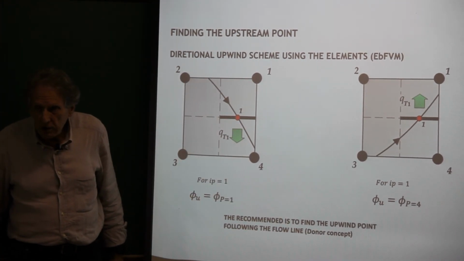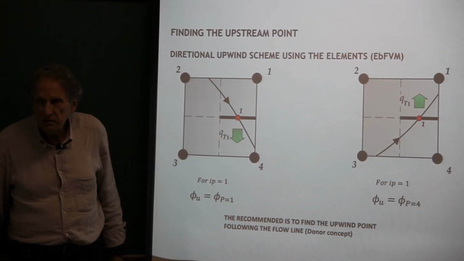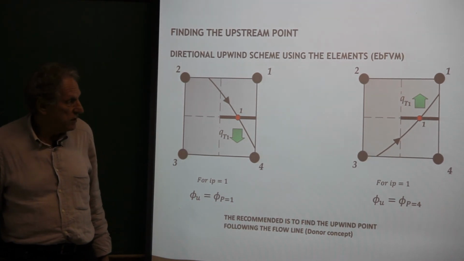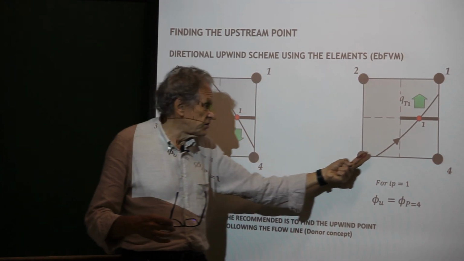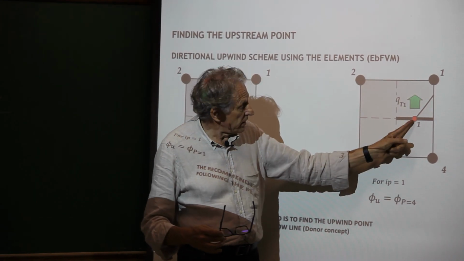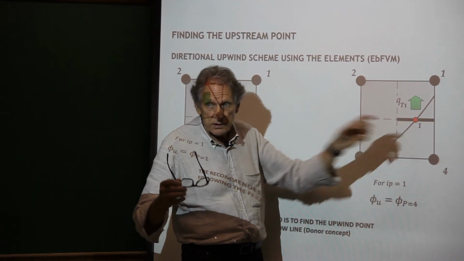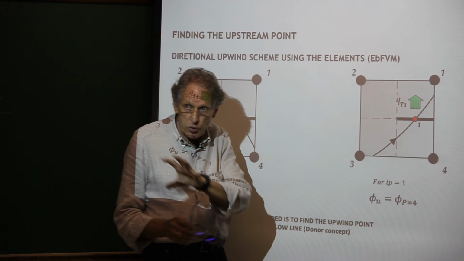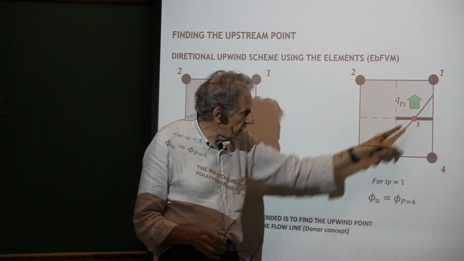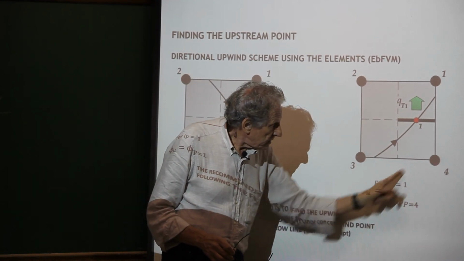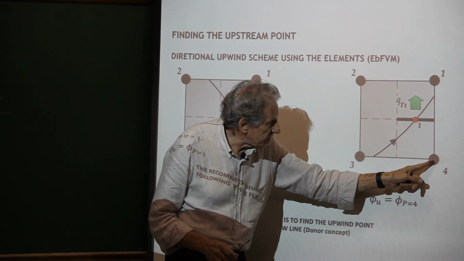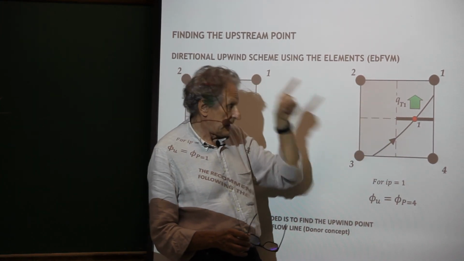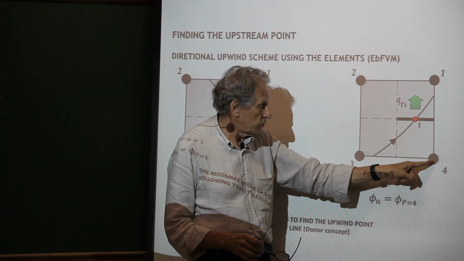This will not give me the right, positive coefficients. If the streamline is like that, applying pure upstream says that the upstream now is the 4, saying that what is influencing this point is that one.